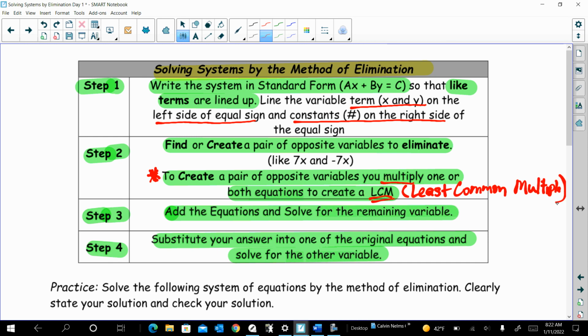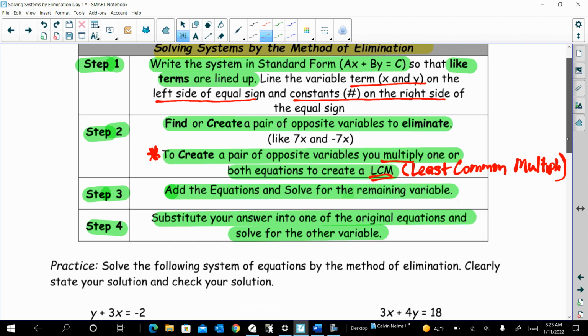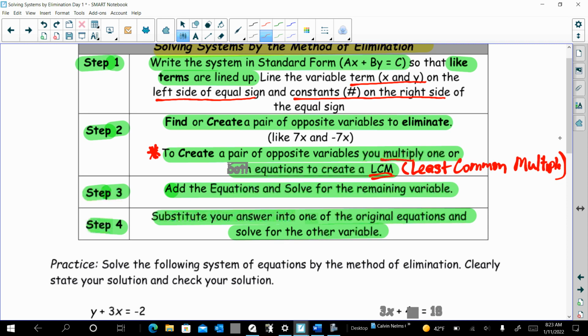I ran out of room. It's been a while since we talked about those, but we're going to use that. All right, then we're just going to add the equations and solve for the remaining variable. And then the last step, substitute your answer in one of the original equations and solve for the other variable. So make sure if you get a solution for a variable, you sub back in to get the second one.